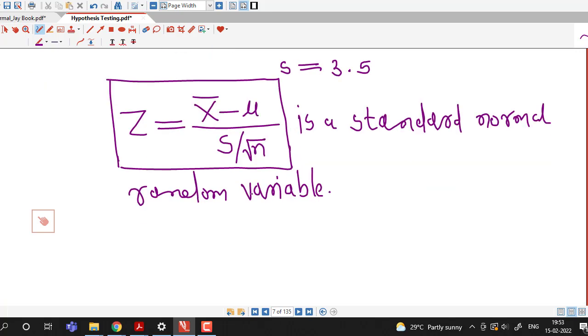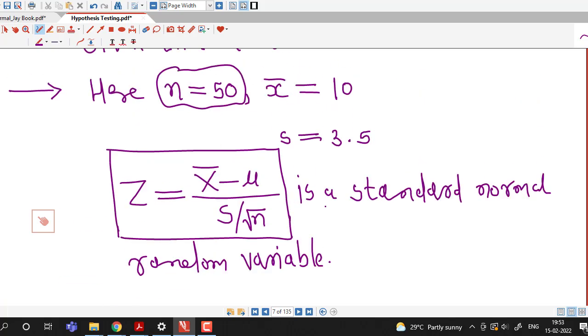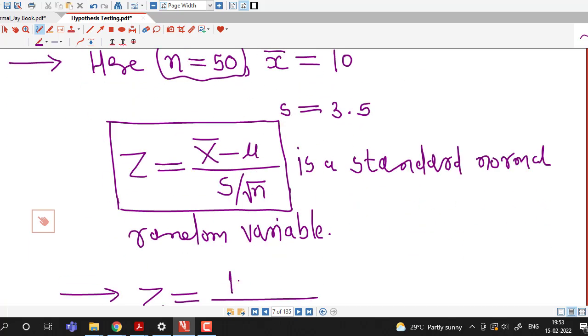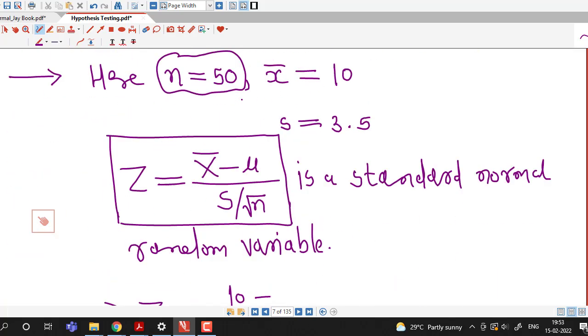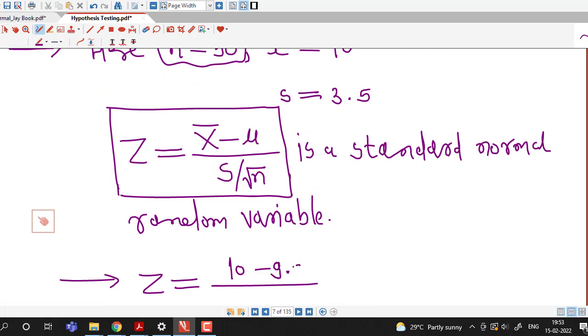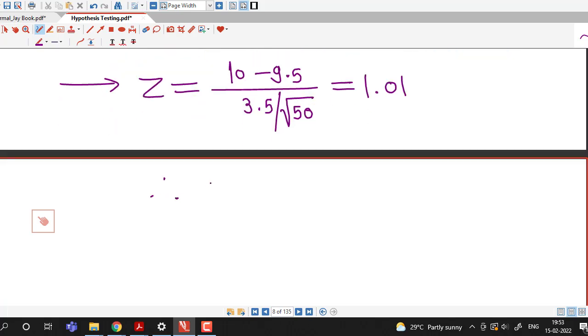Now we are given all these values, so we can calculate value of Z. So Z will be equal to x bar is 10 minus population mean, which we have assumed as 9.5, divided by sample standard deviation 3.5 over square root of sample size, which is 50. So using scientific calculator I obtained that this value is 1.01. So the value of test statistic is Z equal to 1.01.